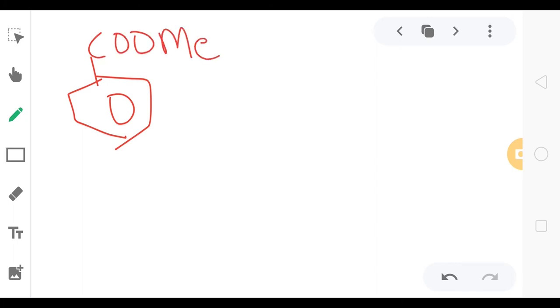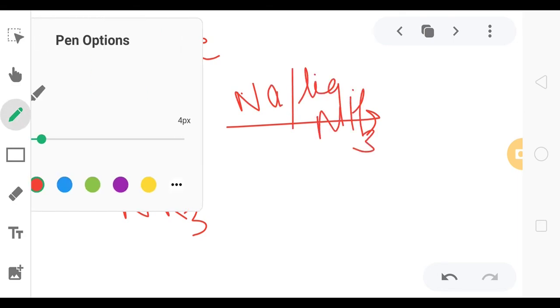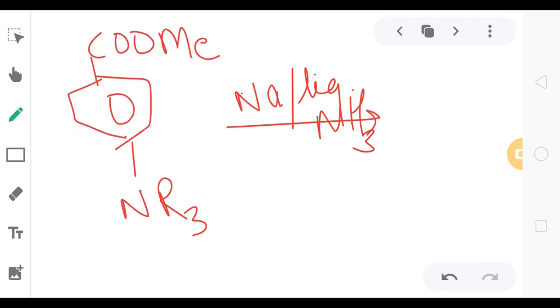Okay. Now I have a different question. See, COOMe is also an electron withdrawing group. Now if we have NR3, which is an electron donating group, and you have to carry out the same reaction, how will you go? Try on your own at least once.